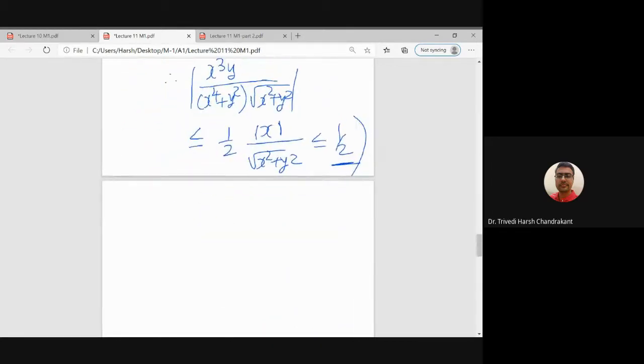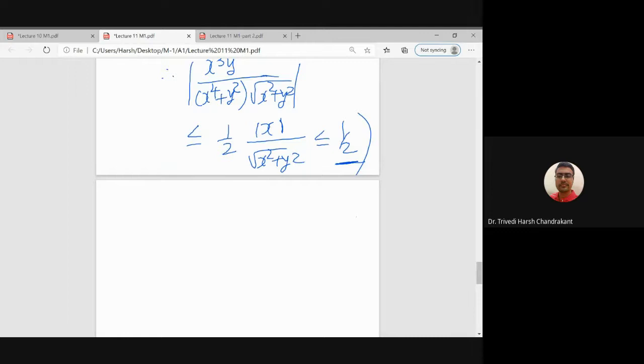So let me just write that down. In the denominator we have the term x power 4 plus y square.